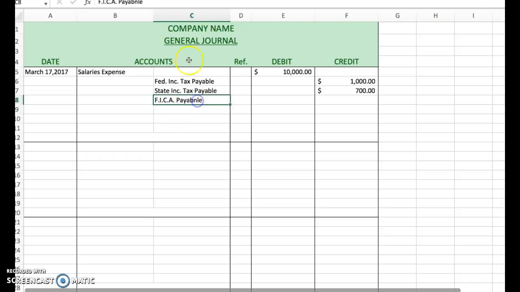FICA payable. FICA stands for Federal Insurance Contribution Act, as you saw in the two or three videos. That includes two things. One is money put aside for Social Security, which is a retirement program for employees that they have to pay into.